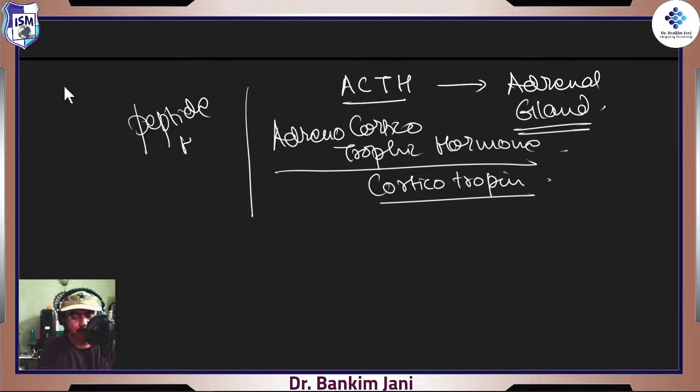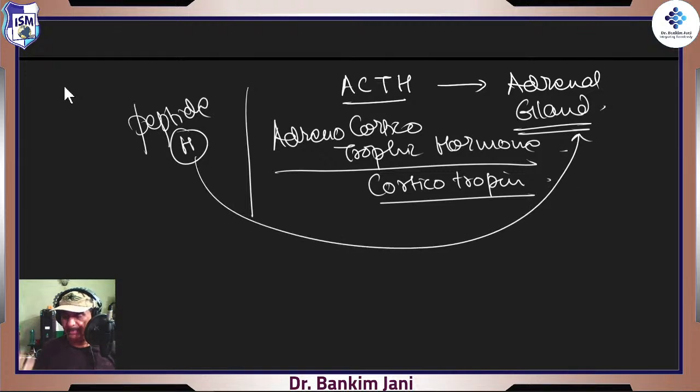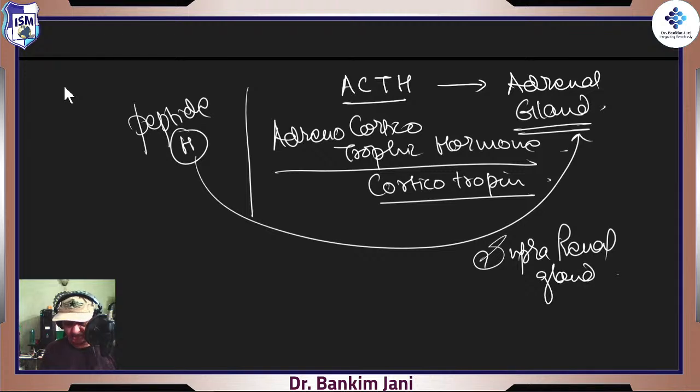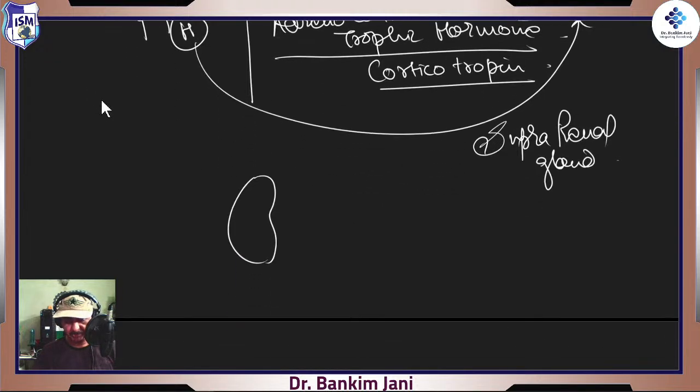These are all peptide hormones, and they regulate this adrenal gland, right? Adrenal gland is also called the suprarenal gland, right? Suprarenal gland. And they sit on the kidneys, that is renal, right? On the kidneys.